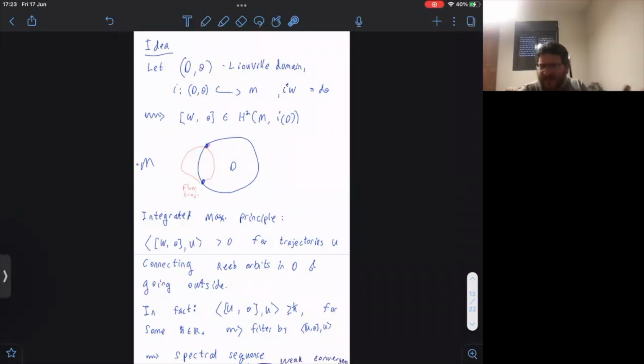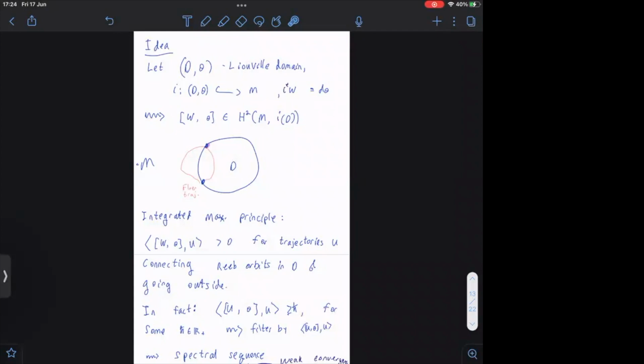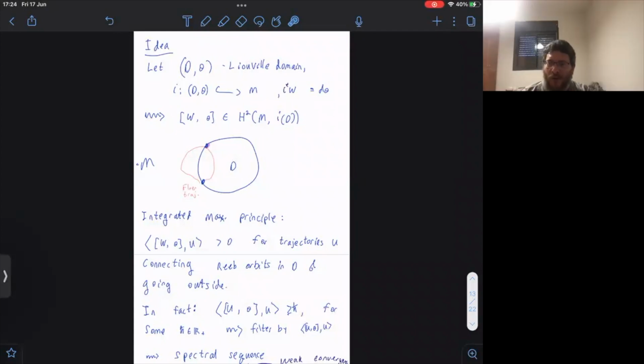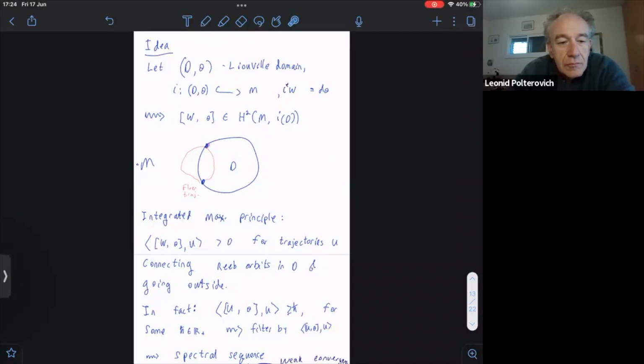It's exactly the same kind of setting, except that this refers to relative symplectic homology, and that's about obstructedness in Lagrangian Floer homology. So the philosophy is the same, but the techniques going in are somehow different. Very interesting.